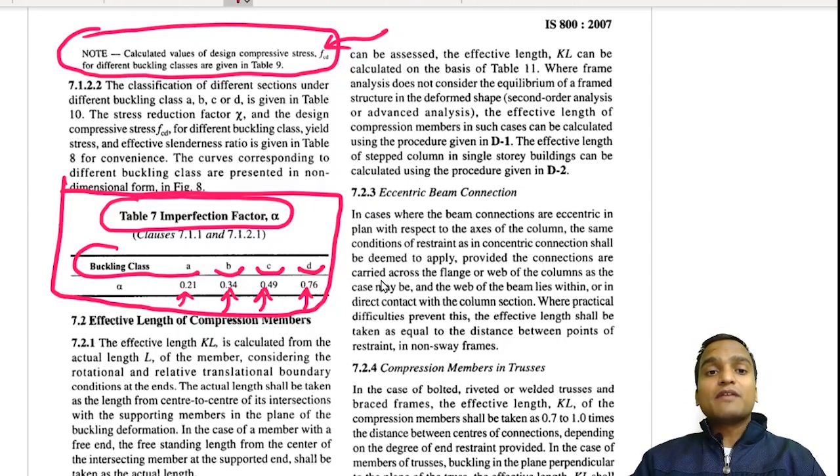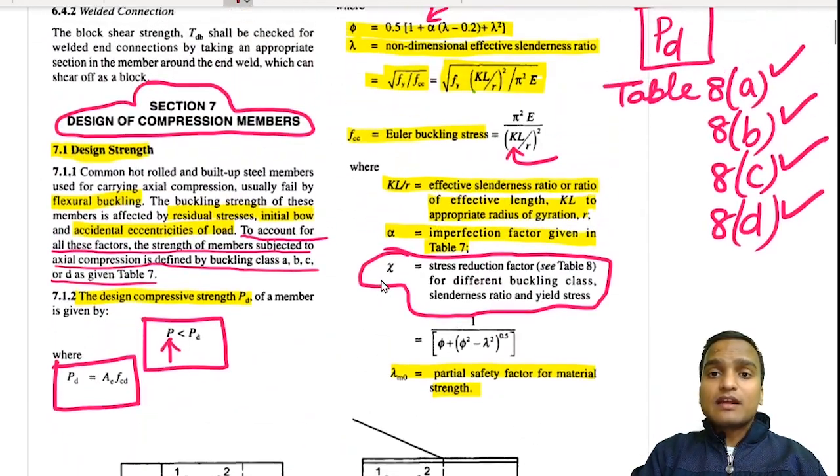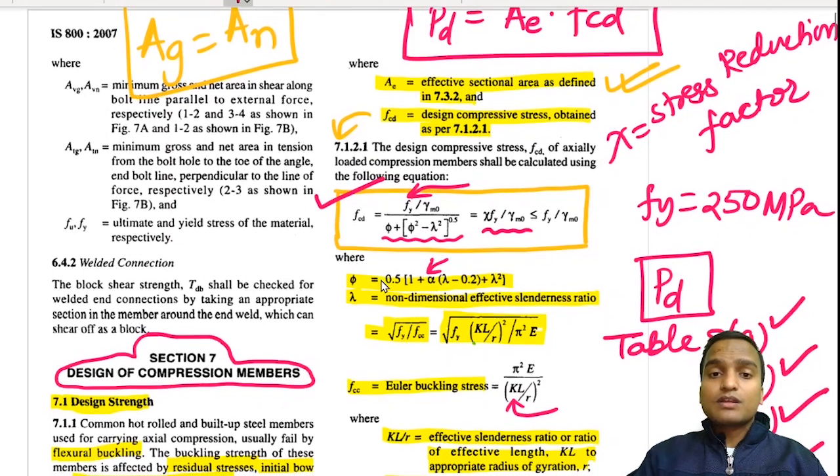So that's why I was saying that in most of the cases we don't have to use the table number 8, because if we use the table number 8 and we directly get the value of X value from there and use this X value here in this formula and multiply it with Fy by gamma MO, and from here also we can get the value of FCD. So of course with that we can do, but already the value of FCD is calculated in table number 9.